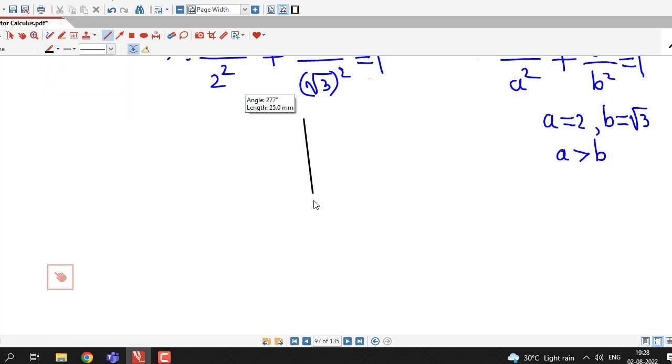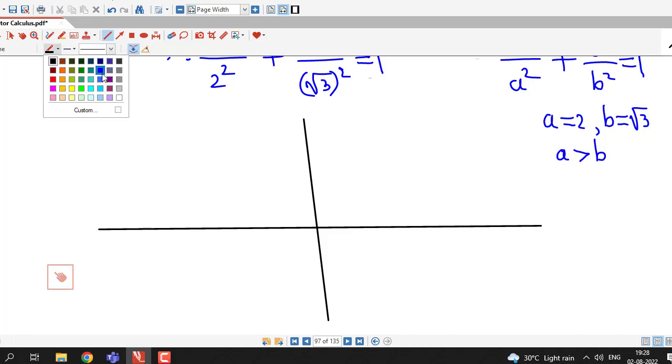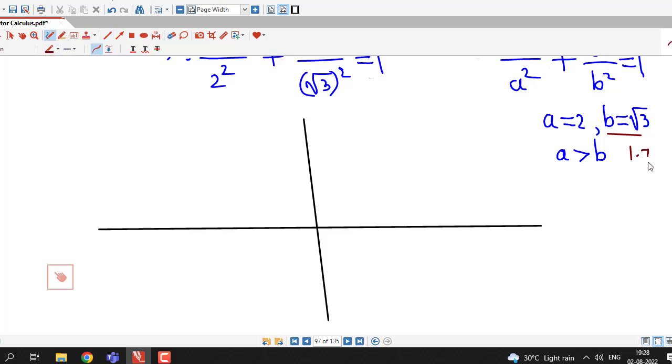We will keep in mind that we have to go up to distance 2 on the x axis, and on the y axis up to 1.71.